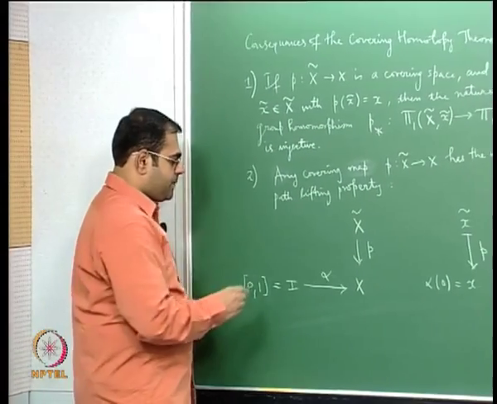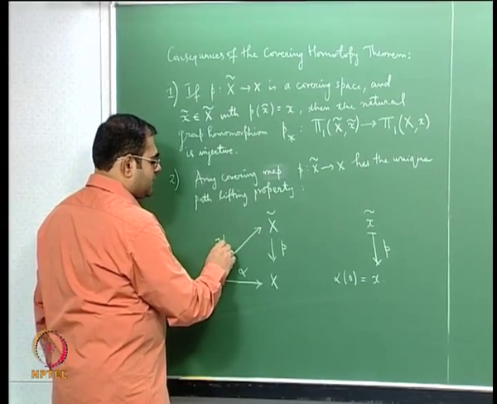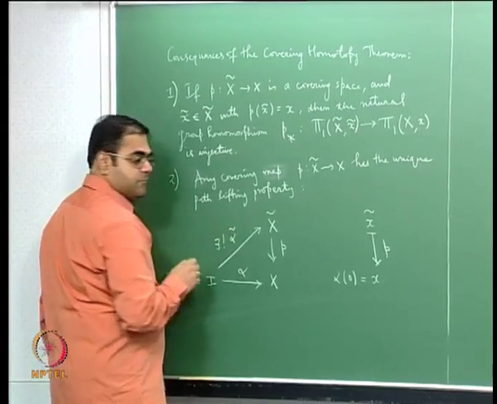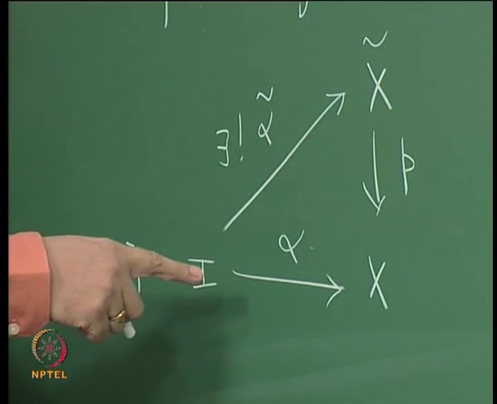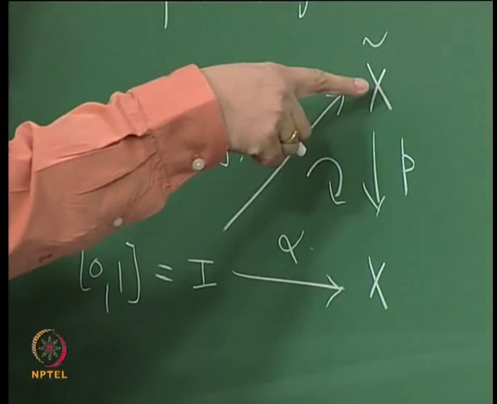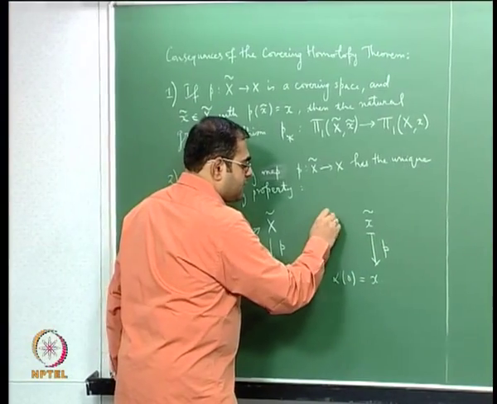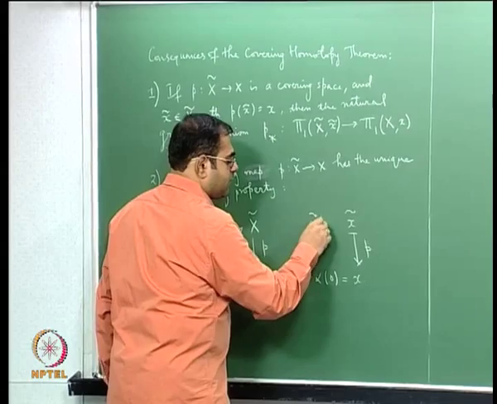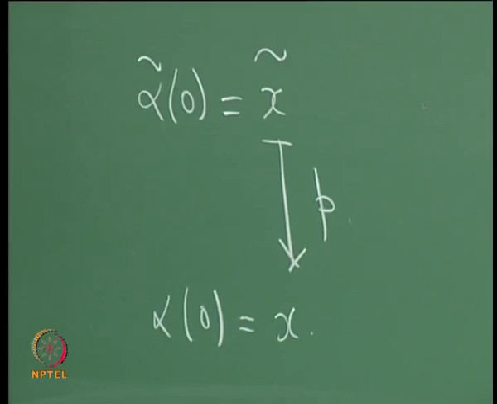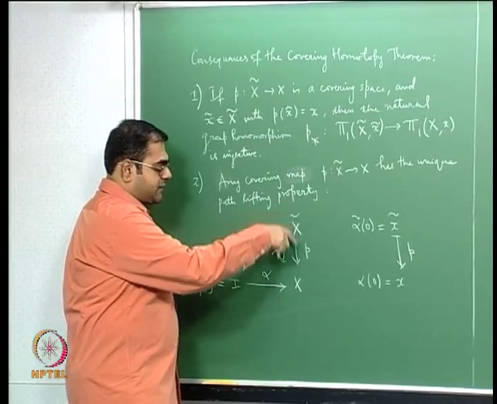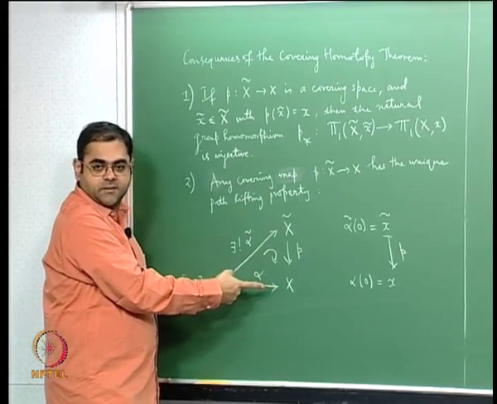Then there exists a unique path alpha tilde in x tilde which lies over alpha, namely with alpha tilde of 0 equal to x tilde, starting at the point x tilde I have chosen, and such that projecting the path alpha tilde down gives you the path alpha.